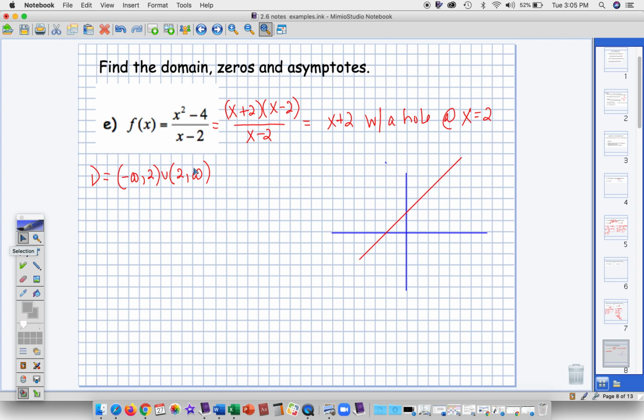At x equals 1, I have a hole here. Oops, I have to slide this up. I was at 1, not 2. And how did I pick up on that? Well, first of all, I could see it, but secondly, I can get that hole by plugging 2 into my equation. So 2 plus 2 is 4, so my hole is at the point (2, 4).